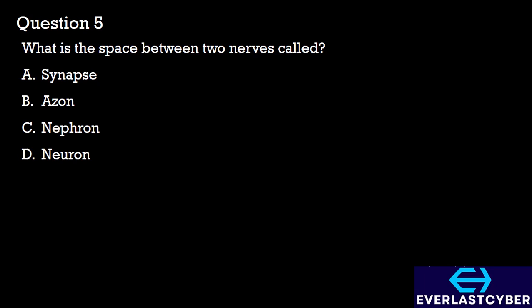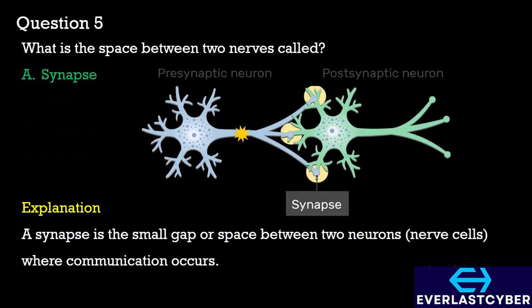Option B, axon does not relate to any specific part of the nervous system. Option C, a nephron is a functional unit of the kidney, but it is not related to nerve cells. And in option D, a neuron is an individual nerve cell, but it is not the space between nerve cells. So our answer here is option A.